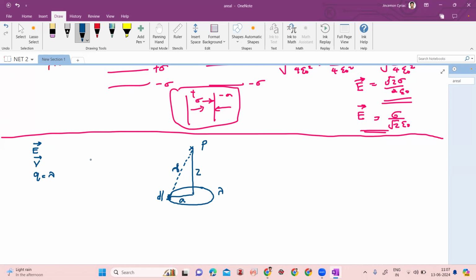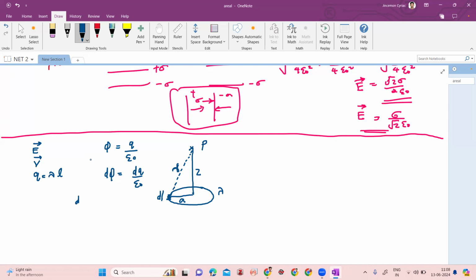Q is equal to lambda into total length. Then we can write phi is equal to Q by epsilon 0. So here we can write d phi, the change in phi, is equal to dq by epsilon 0, or in terms of dl, dq is lambda into dl.